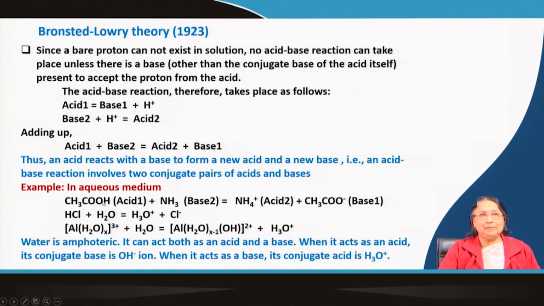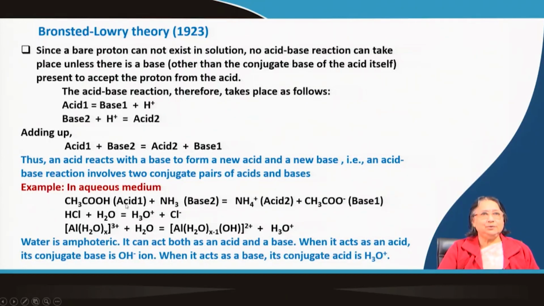The acetic acid gives the proton, which is taken up by the ammonia to form the ammonium ion, and the acetic acid is converted to its base, which is nothing but the acetate ion. So, acid 1 and base 1, and base 2 and acid 2, are the two pairs.